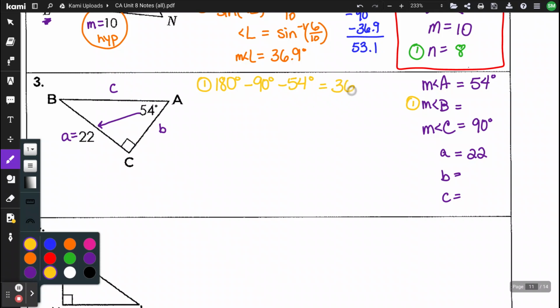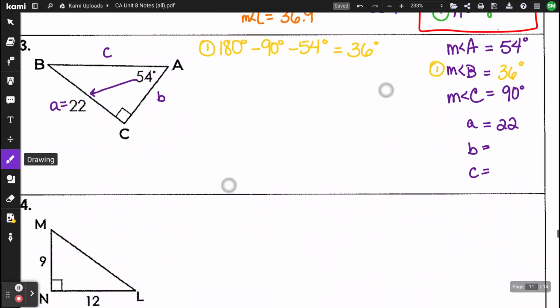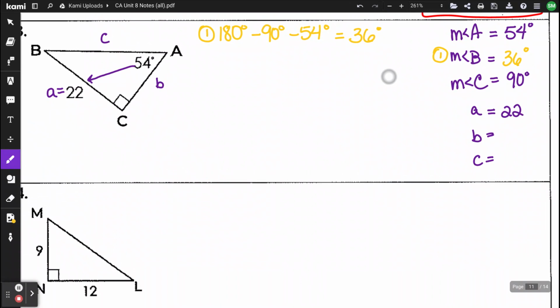That leaves us with 36 degrees. So the measure of angle B is 36 degrees.